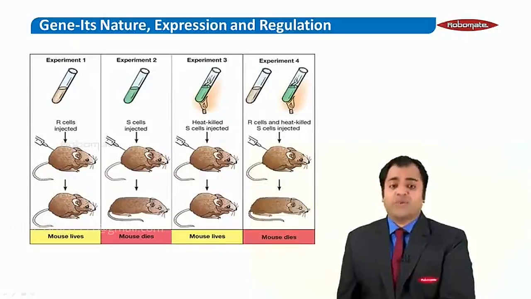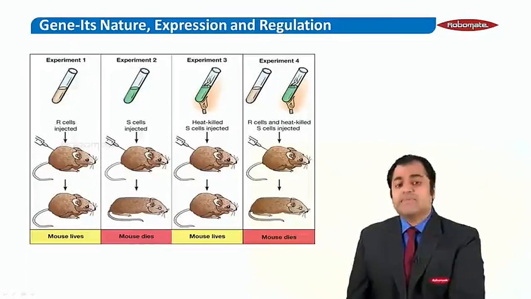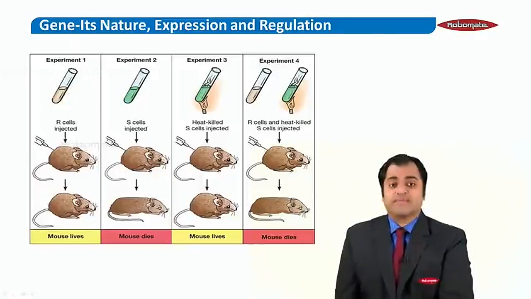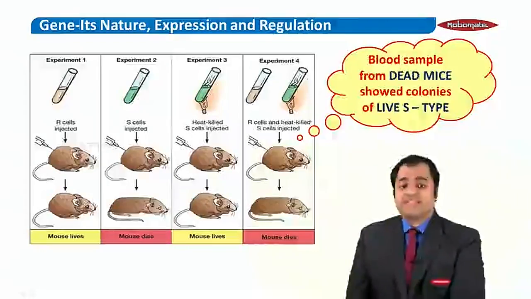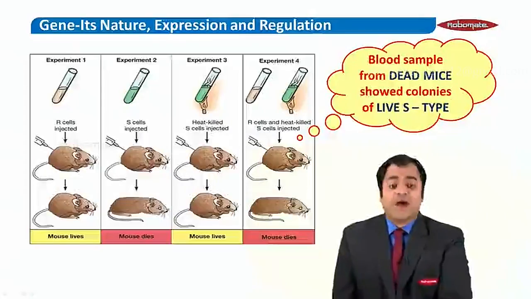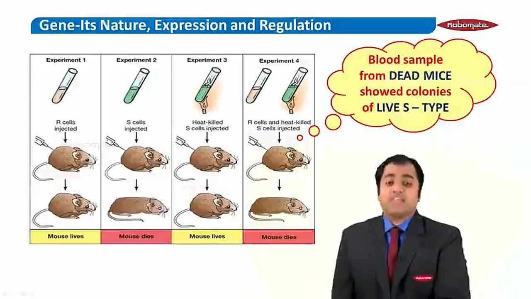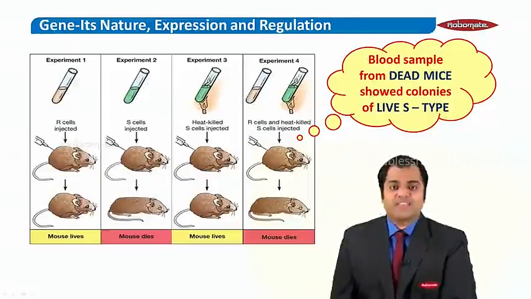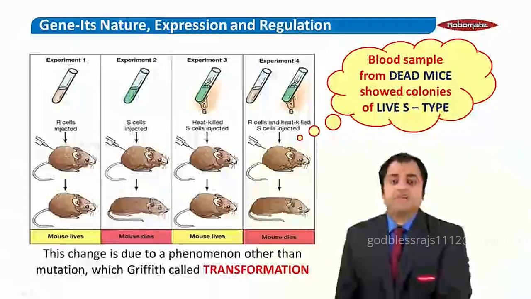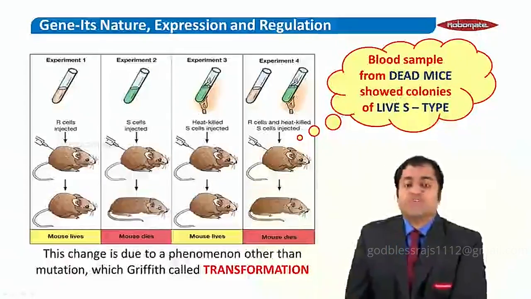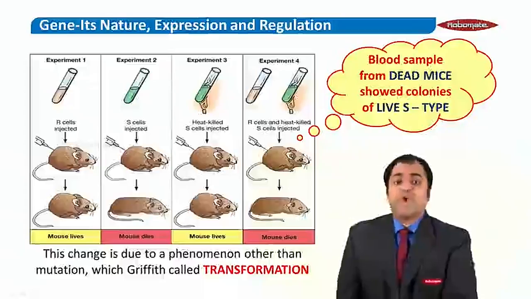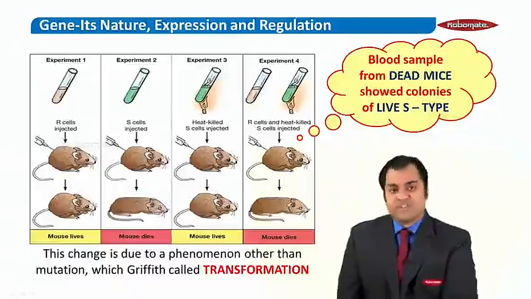And finally, in the 4th experiment, when the R cells were mixed with the heat-killed S cells, the mouse developed pneumonia and was dead. Fine. And when the blood samples were collected from this mouse in the 4th experiment, it showed colonies of live S-type. Okay? Here you should know that this change was due to a phenomenon other than mutation, which Griffith called transformation.